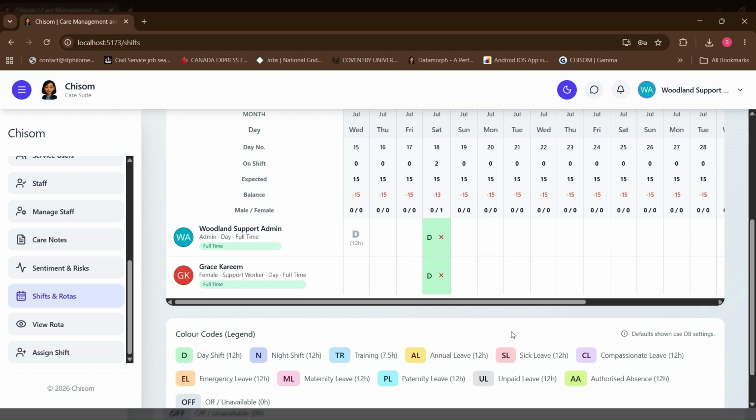So the admin goes to my WhatsApp message, then goes to the rota and starts fixing it. But that is too much stress because you have to compare fragmented systems. This system is so connected that as I just requested a day, it shows here D 12 hours, the day requested for 12 hours. So the admin can know at a glance that this person needs a day shift for 12 hours.